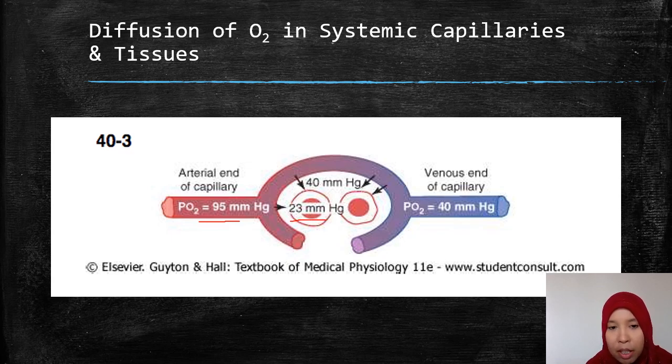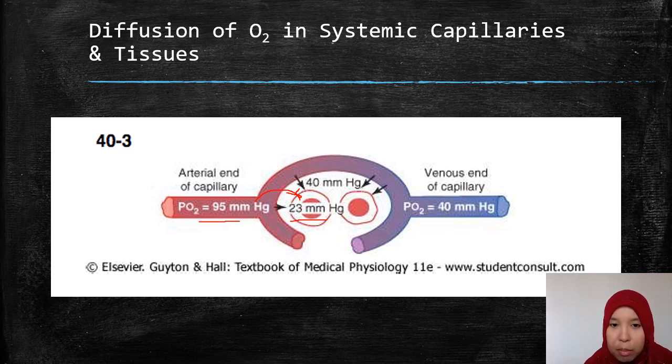The one that has just reached the tissues is 95, and the one in the tissues is about 23 to 40. So there is a whole lot of difference in the partial pressure, and therefore the partial pressure difference will cause the movement of oxygen from the blood into the tissue, right?